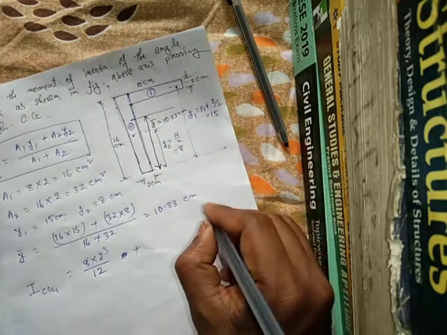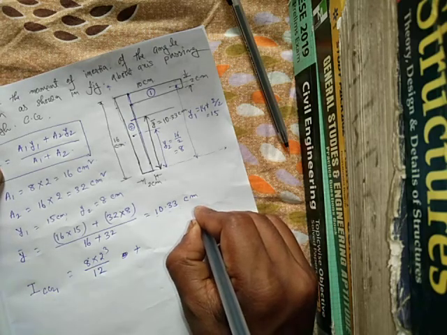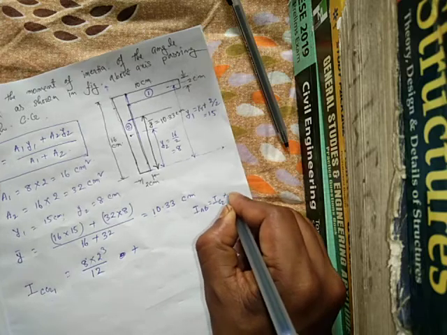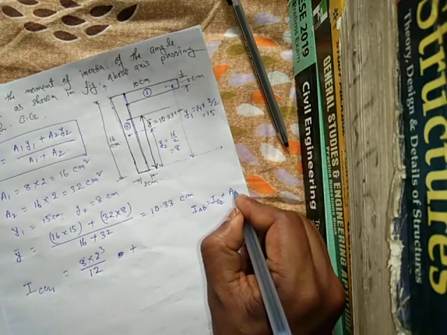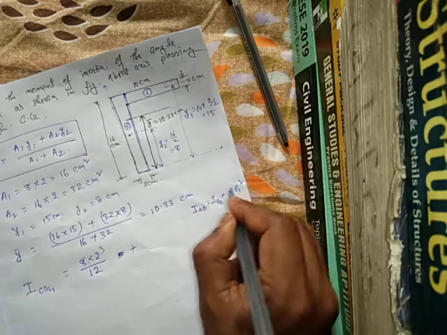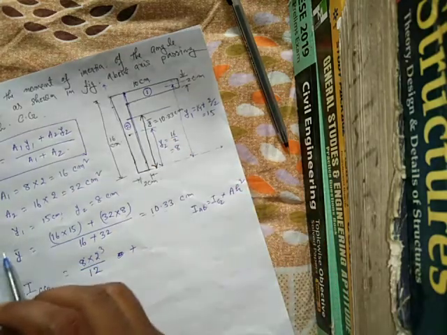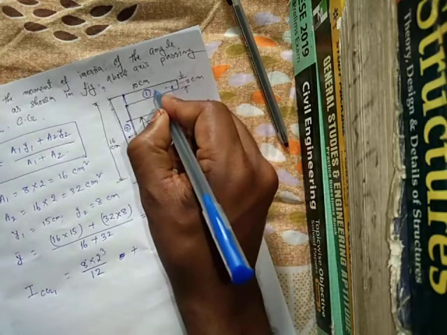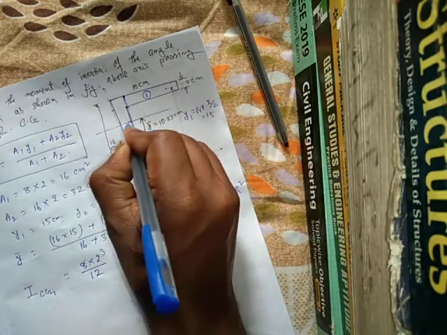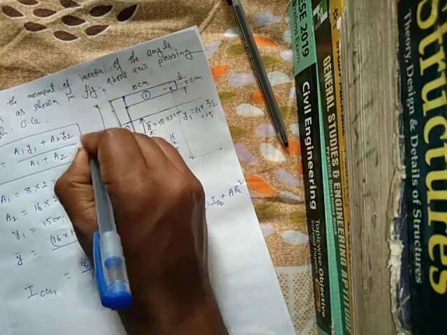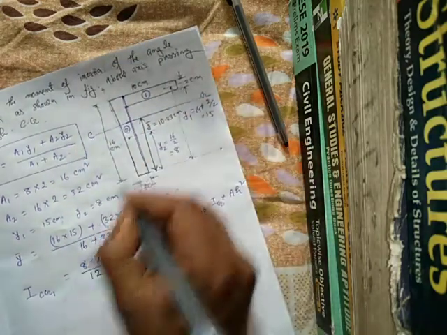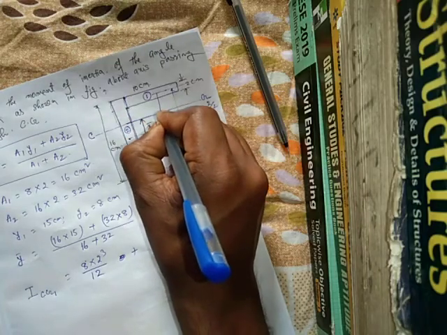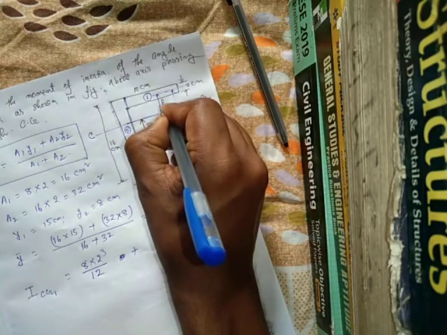What is the parallel axis theorem? The parallel axis theorem is IAB equals IG plus A into H square. Let me find the H. This is the CG of the whole section. The distance from the CG of section 1 to the CG of the whole section is H1.